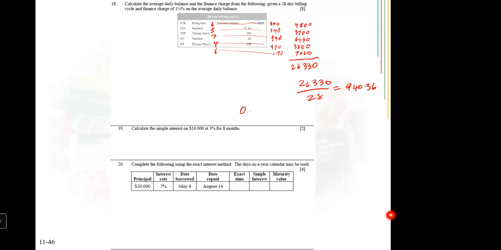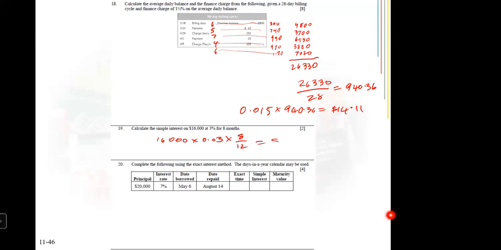So 0.015 times 940.36 gives us a charge of $14.11.